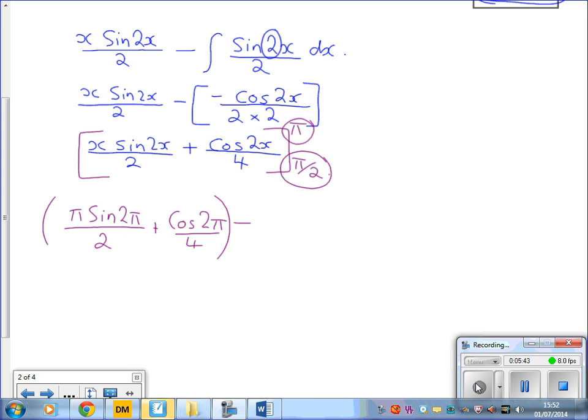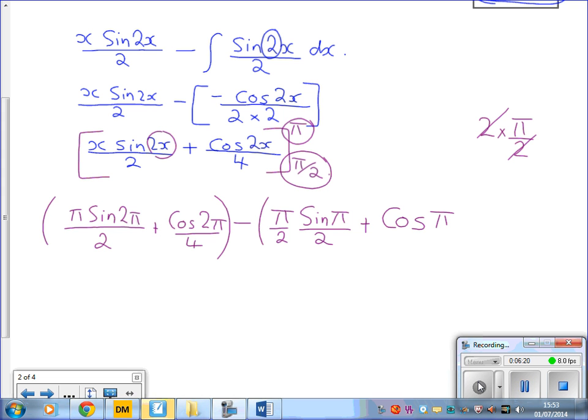Take away, substituting in this, got pi over 2 sine. So the 2x would be 2 times by pi over 2. So I can write that in, or I can just cancel those out to have 2 lots of half pi being pi. And that's over 2. Plus a cos. Same for the 2 lots of pi over 2 again.